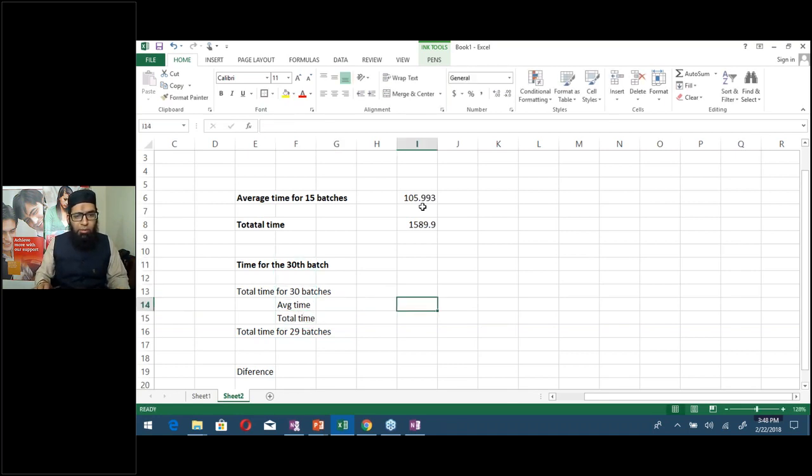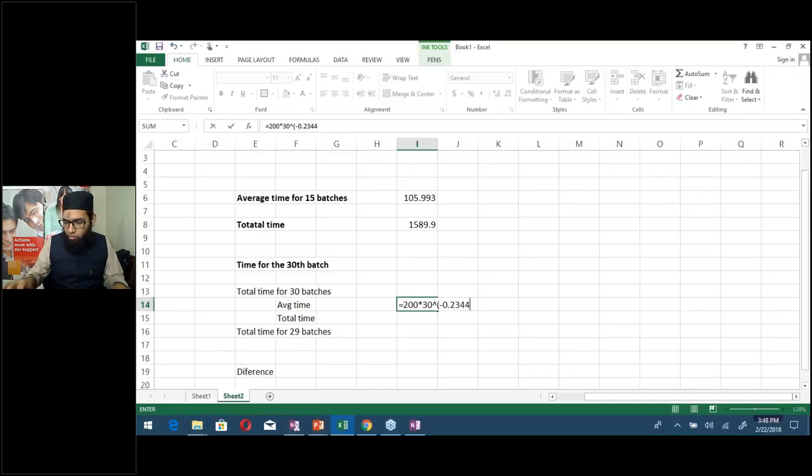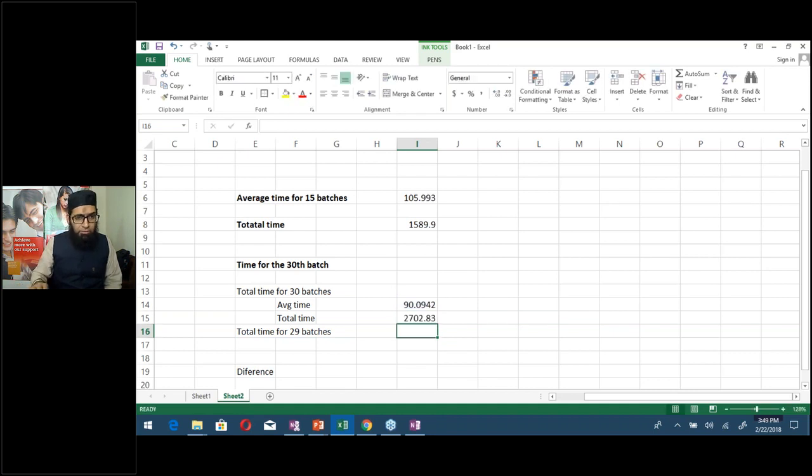The formula for average time will once again be the same one, which is 100 into 30 raised to the power minus 0.234465. So it will be 90.0942. If I multiply it with the number of units, which is 30, because this is the average time for 30 units, the total time will be 2702.83.